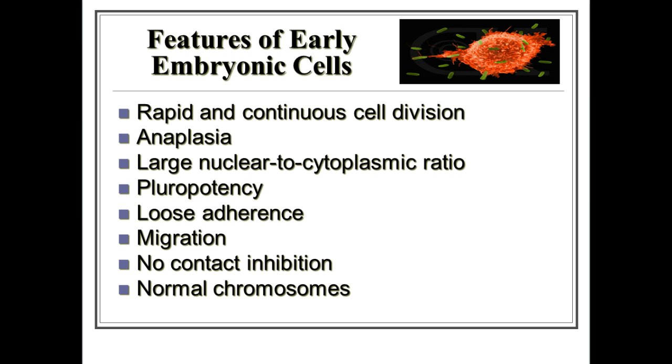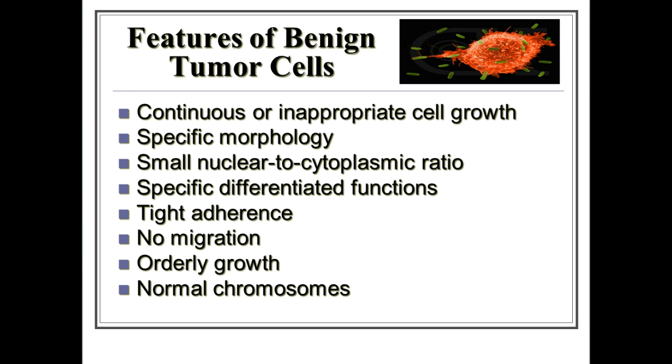Features of benign tumor cells. Benign tumor cells are cells which are normal, but they're growing in the wrong place or at the wrong time, for instance.